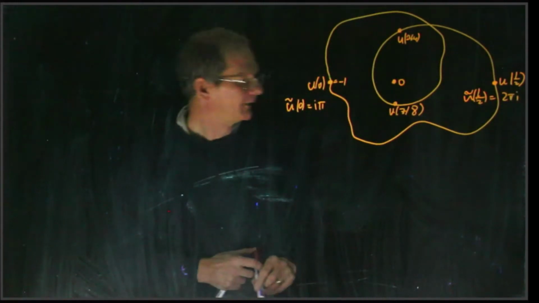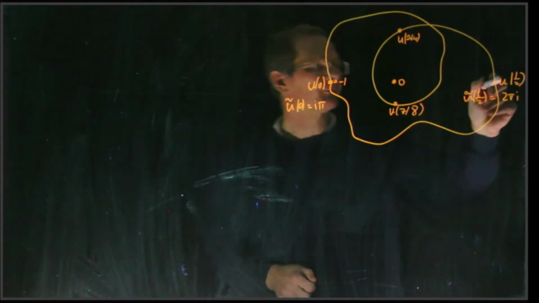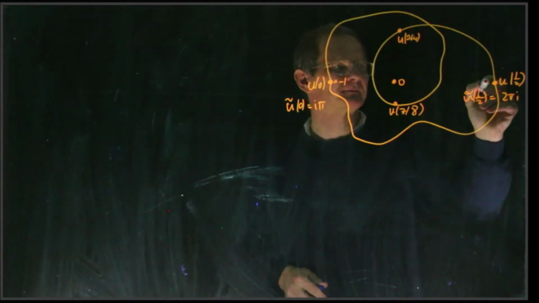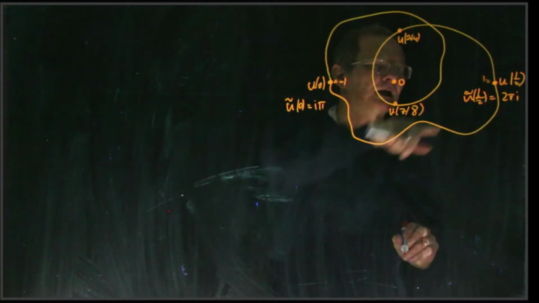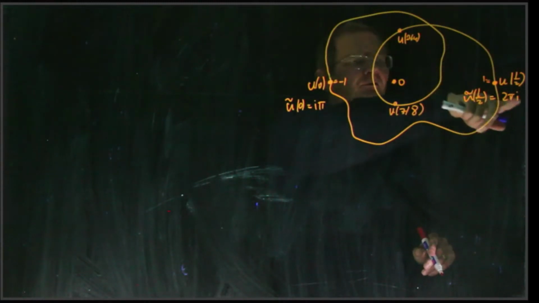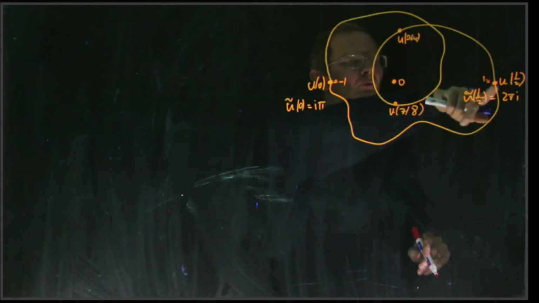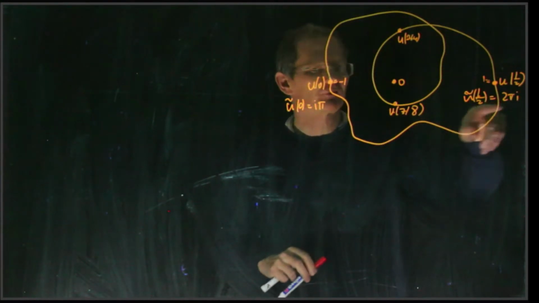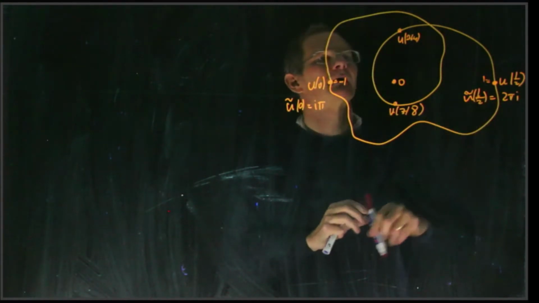Okay. I mean, all possible logs of this. Let's pretend this is actually equal to 1. So the possible choices here: any even multiple of pi i is a logarithm of 1, but you have to have 2 pi i in order for it to fit together continuously over here.